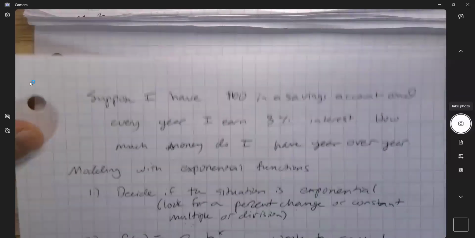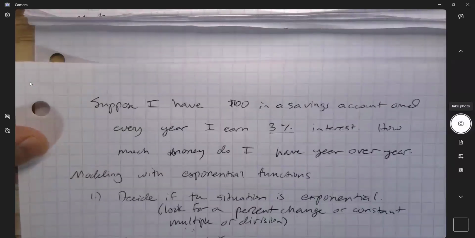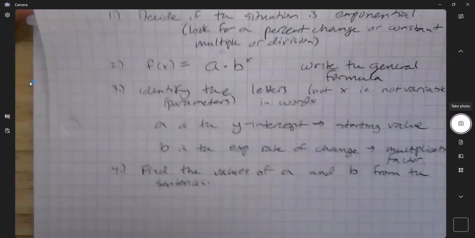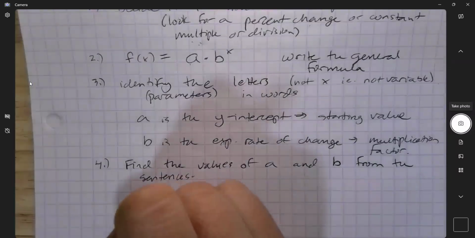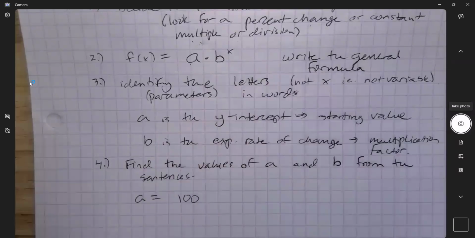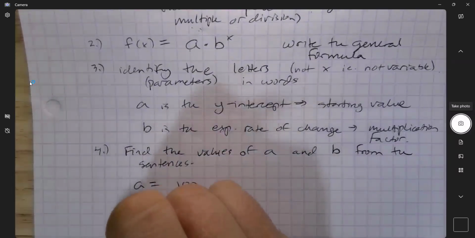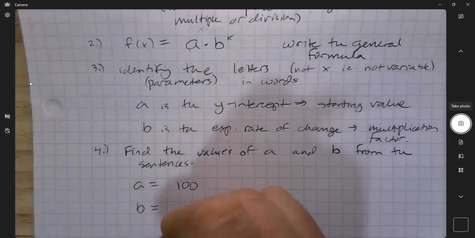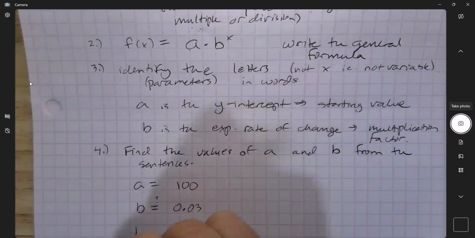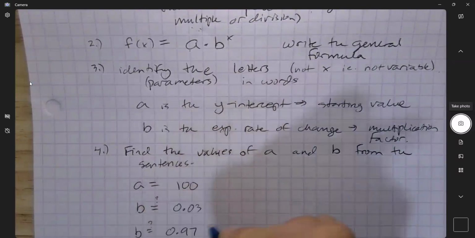And suppose I have $100 in a savings account. That's what I started with. So A must be 100. And every year I gain 3%. So, well, does that mean B is 0.03? Or does that mean B is 0.97?